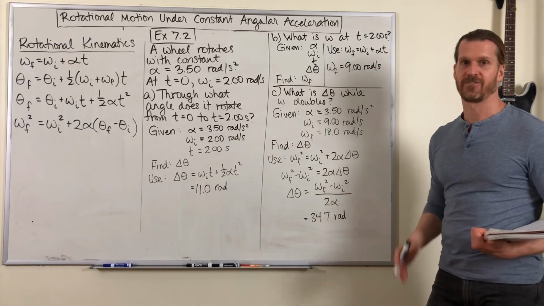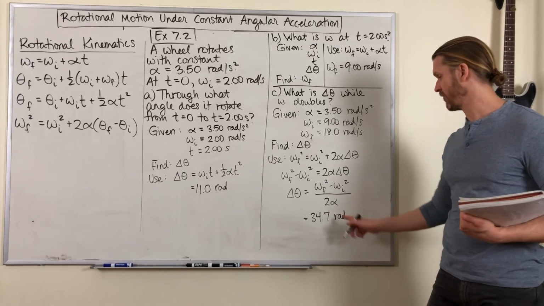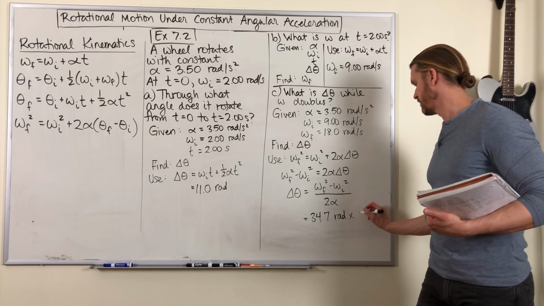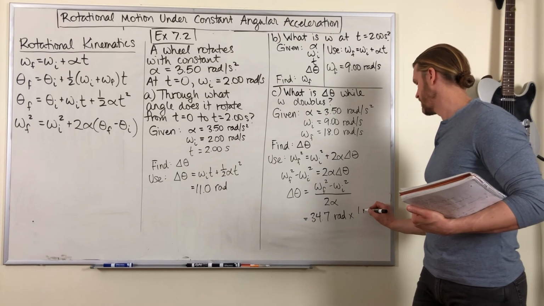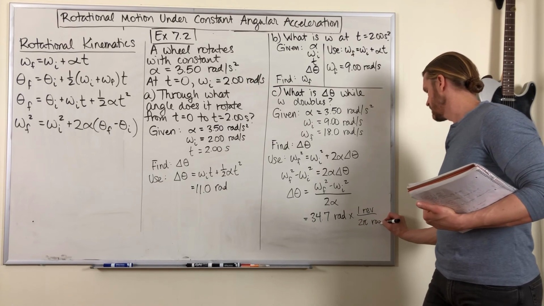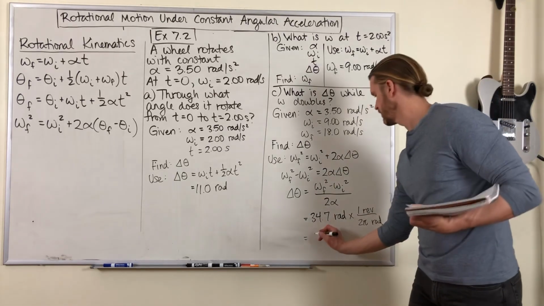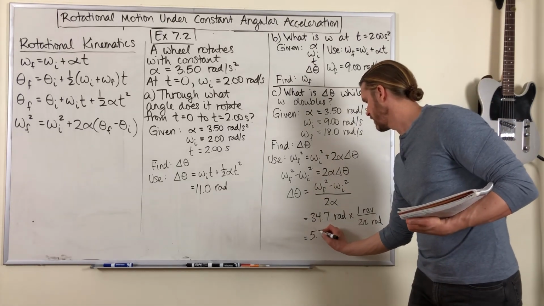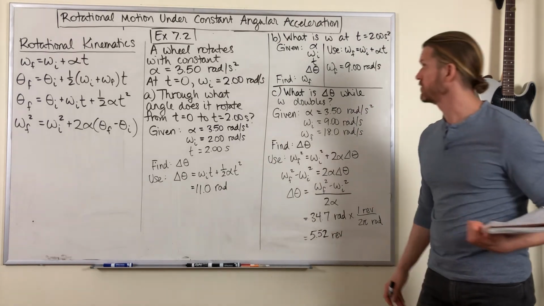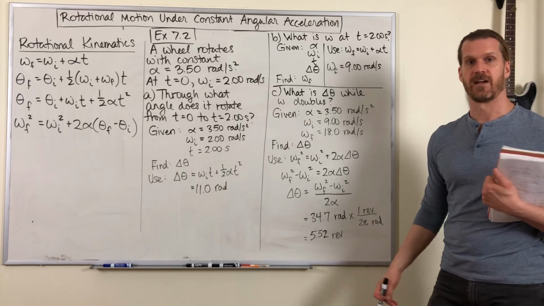In the book, they actually ask you for the number of revolutions. So as one final step, you can turn this into revolutions, keeping in mind that one revolution is 2 pi radians, and that'll give you 5.52 revolutions. So the wheel spins around a little more than 5.5 times.